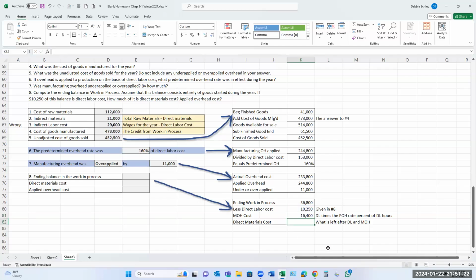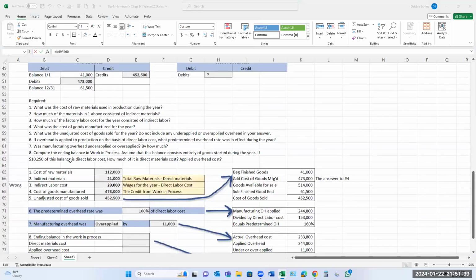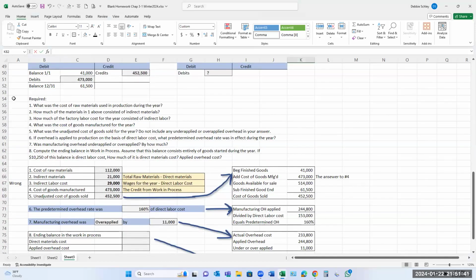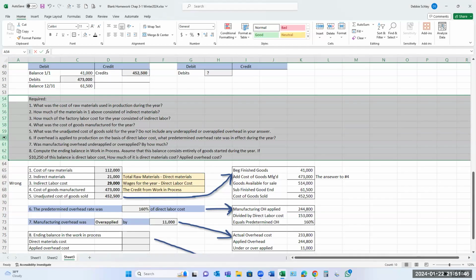So my manufacturing overhead cost is still wrong. What did I do wrong? Oh, that's what I did wrong. Oh, I have information from last semester right here. Sorry. Okay, let's fix that.